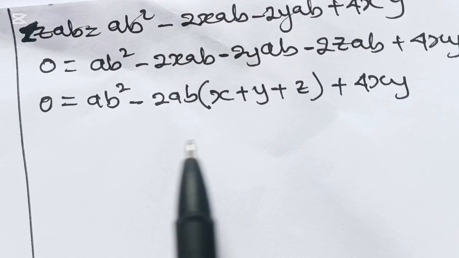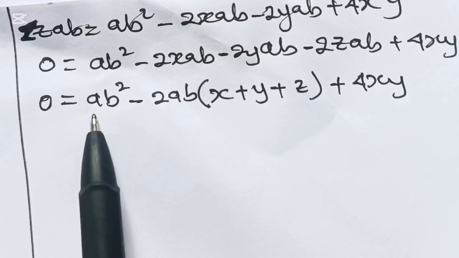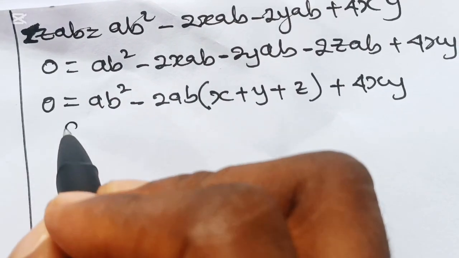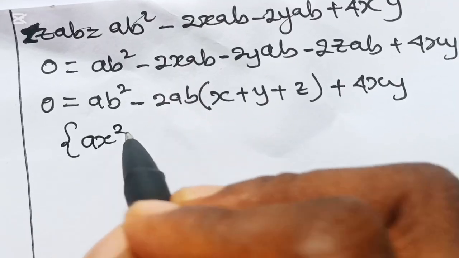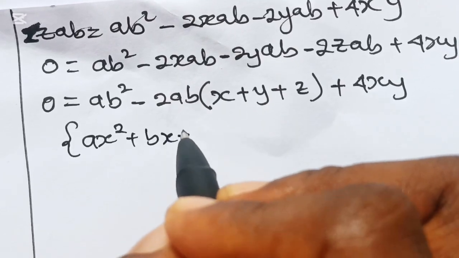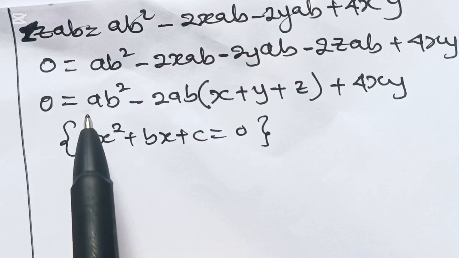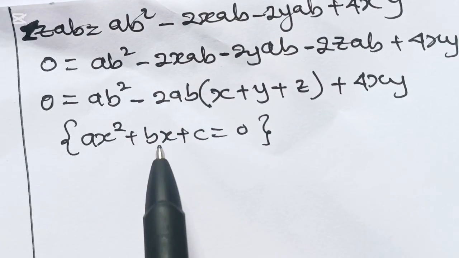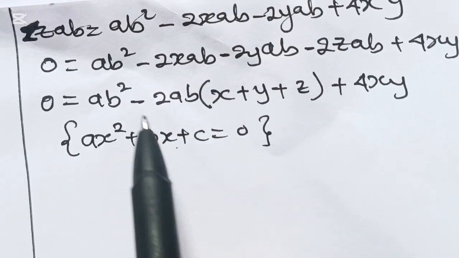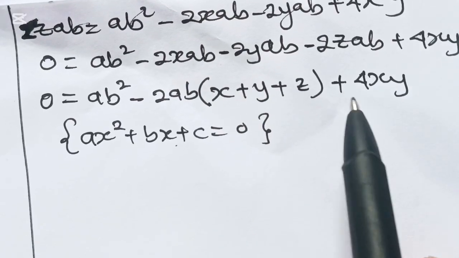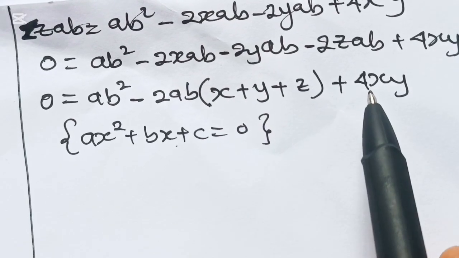Now, if you look at this closely, you will see that this looks like a quadratic equation. Not that it looks like, it is a quadratic equation in terms of ab, alright? Because a quadratic equation is in this form: ax squared plus bx plus c equals 0. So in this case, our x squared now is ab squared. Our bx is the whole of this, right? And our c is 4xy.